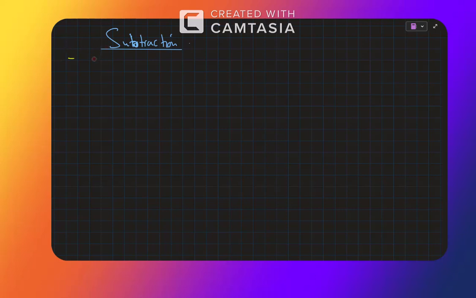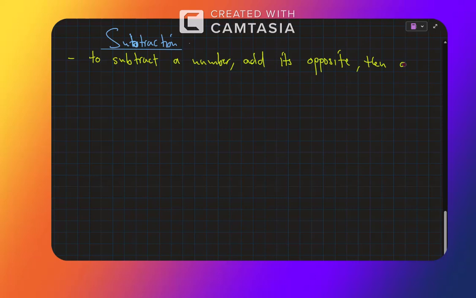Let me write that. To subtract a number, add its opposite, then apply the addition principles.